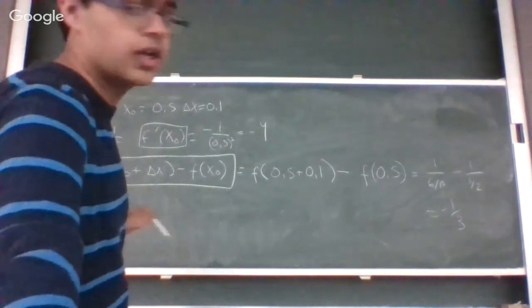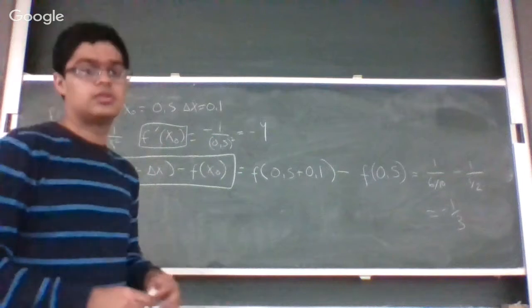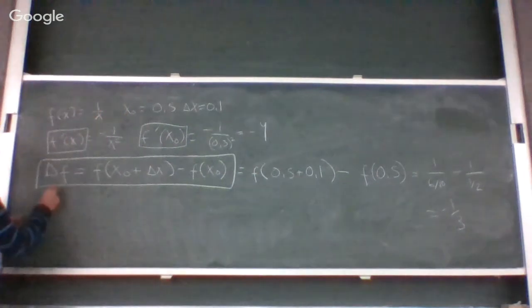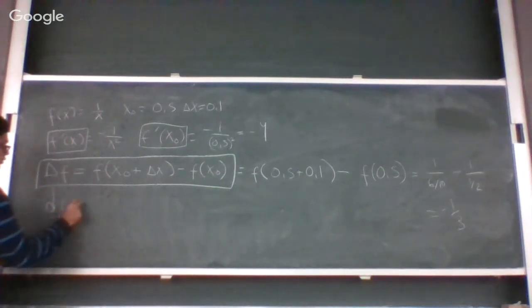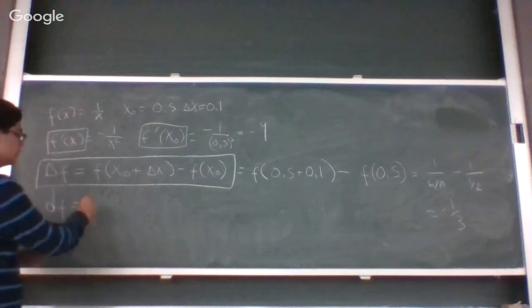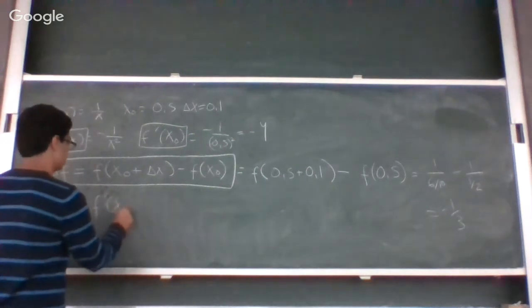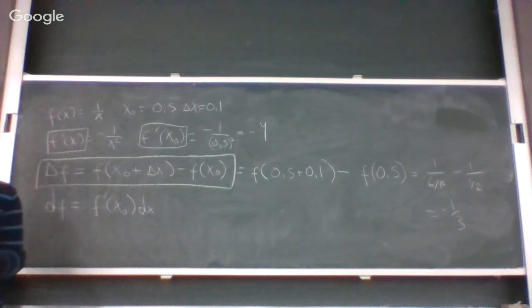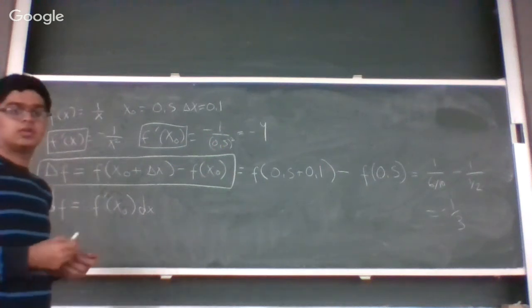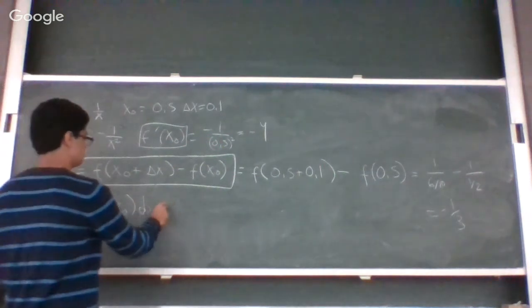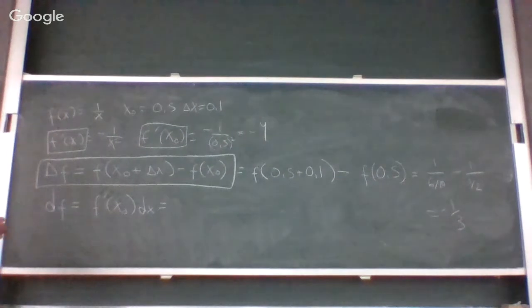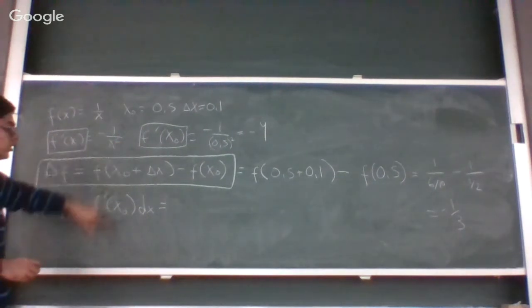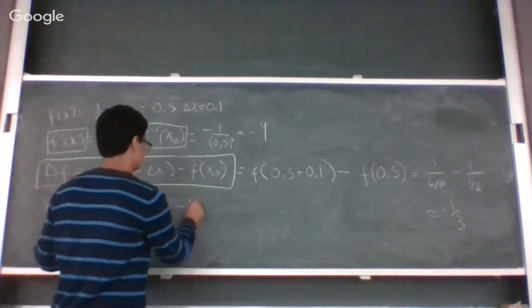That gives us the change in f. Now we also need to know what a df is. df is f prime of x naught times dx. Okay? We found f prime of x naught originally. That's negative 4.